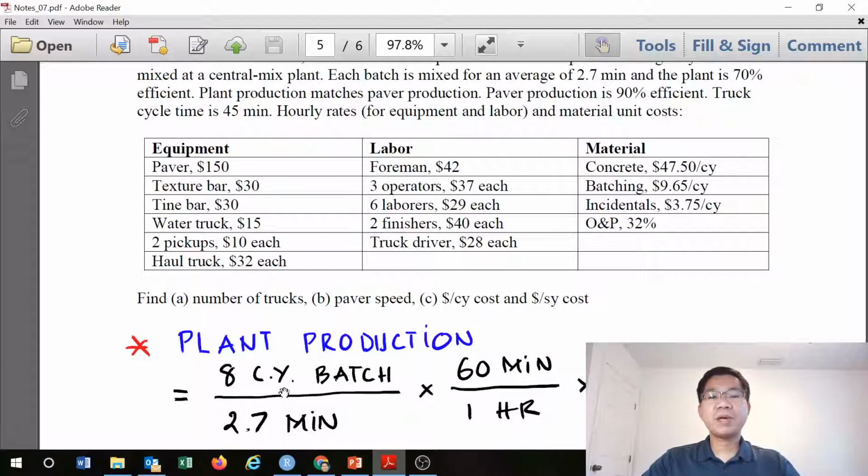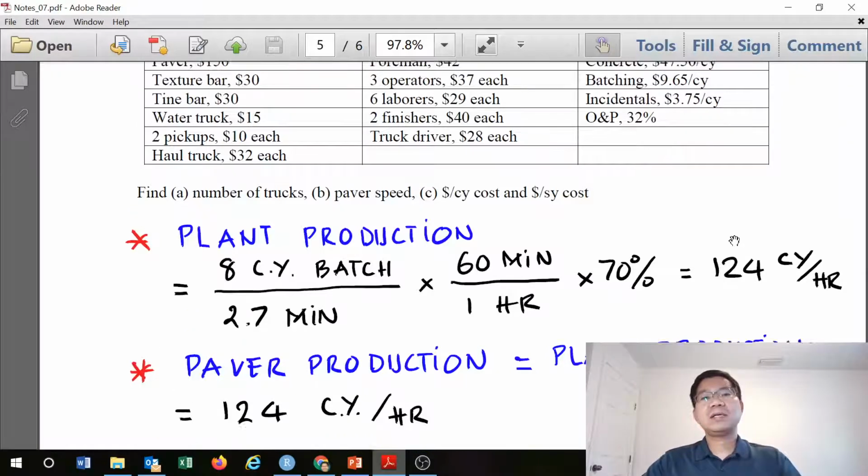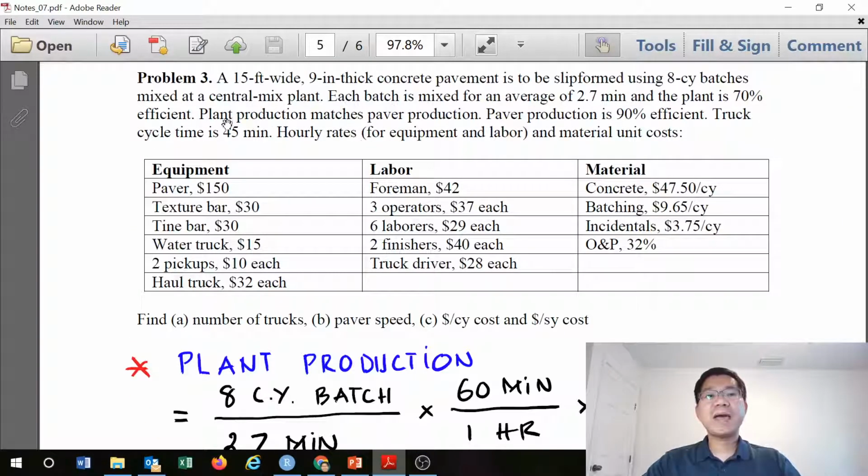So from here we can determine the standard production rate, cubic yards per hour of the plant, and they operate at 70% efficiency. Then we can determine that it is 124 cubic yards per hour.